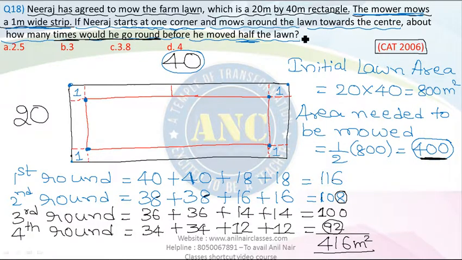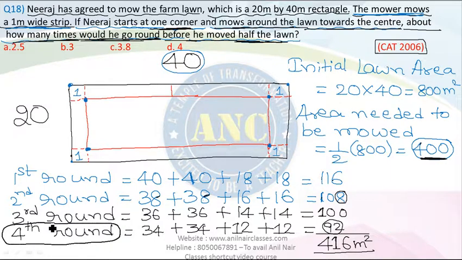The question says, if Neeraj starts at one corner and moves around the lawn towards the center, about how many times would he go around before he mowed half of the lawn? Before he mowed 416, he would definitely have gone for his fourth round.